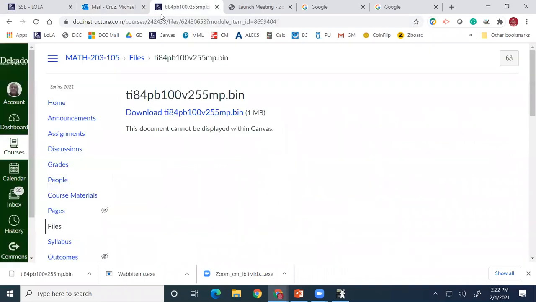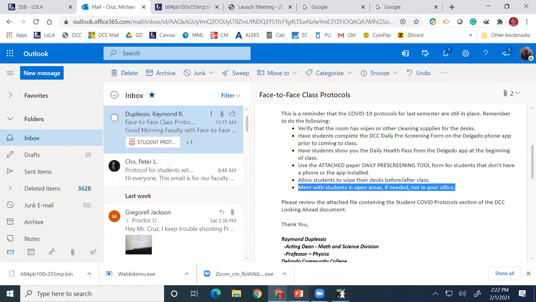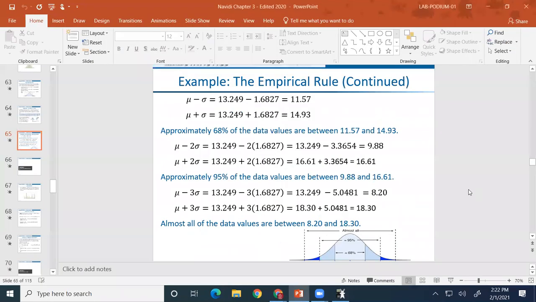All right, so let's go back to this. Remember, the mean was 13.249, and the standard deviation is 1.6827. Right in the middle on this thing, that's the mean, okay? Now, the standard deviation, this value right there, that's what's calculated.